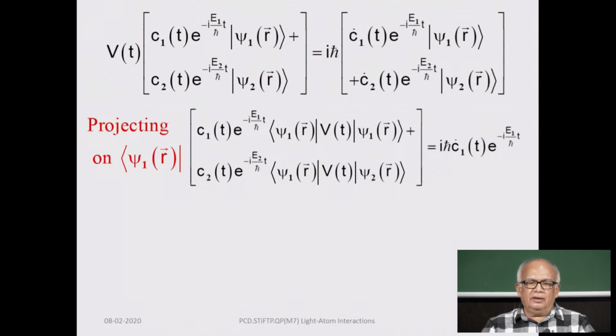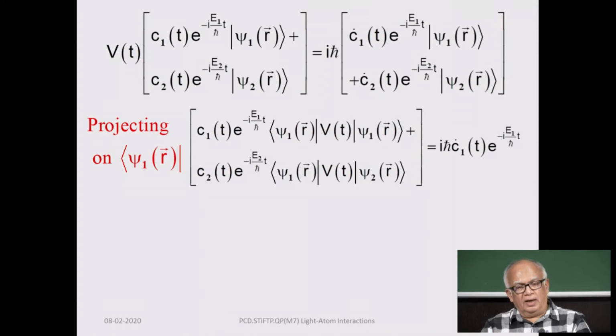Let us analyze this, because we can take the projection of this on the state psi 1, to construct this inner product, and then exploit the orthogonality between the states psi 1 and psi 2. When you take the projection on psi 1 of this relation, the term involving the integral psi 1 psi 2 will disappear, because psi 1 is orthogonal to psi 2.